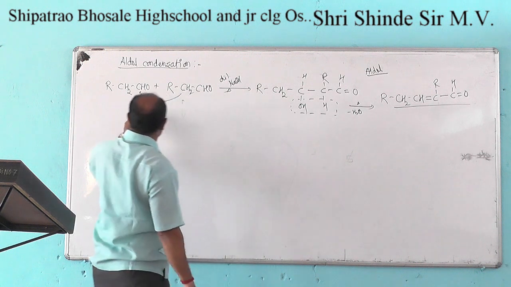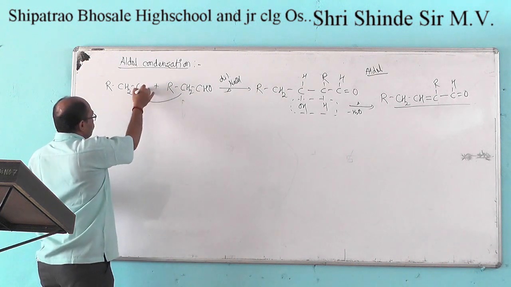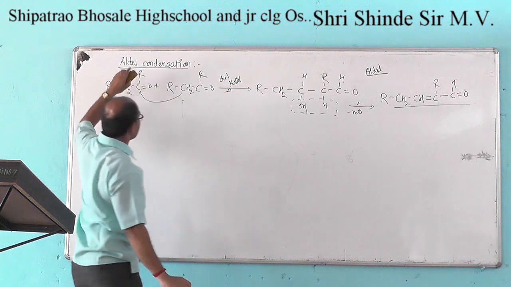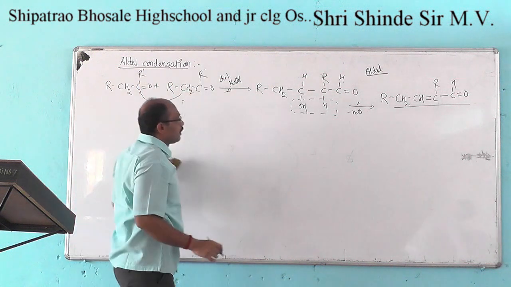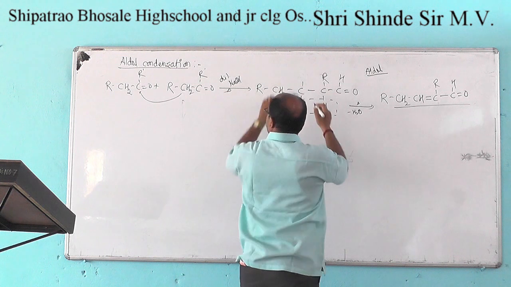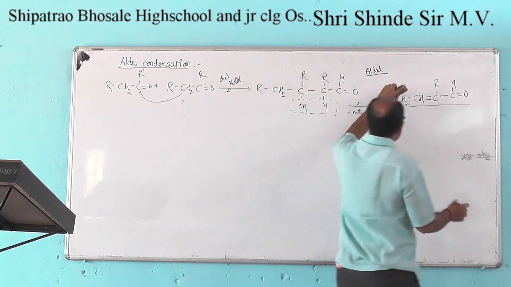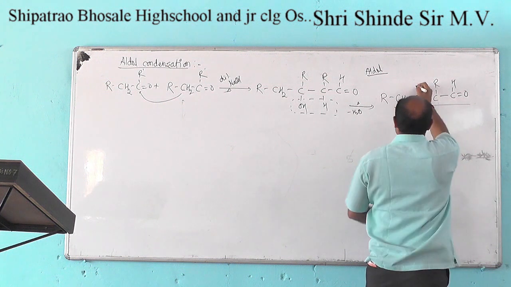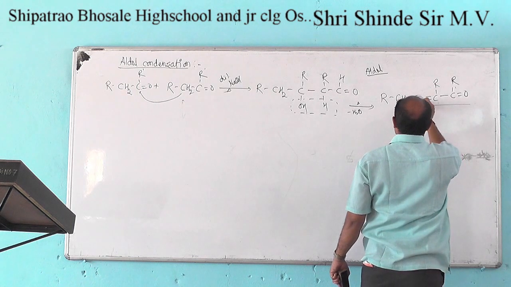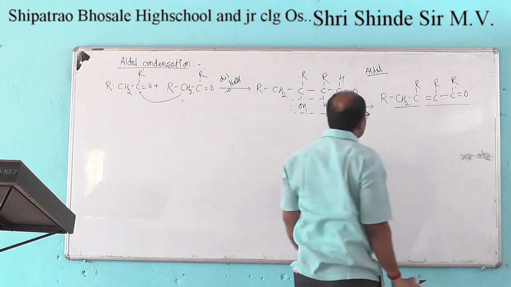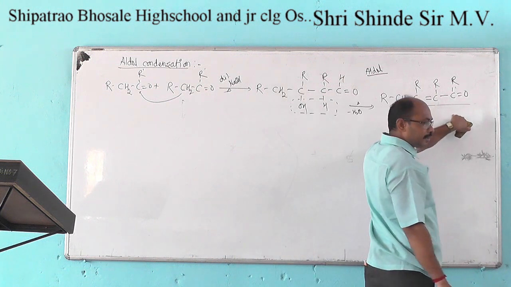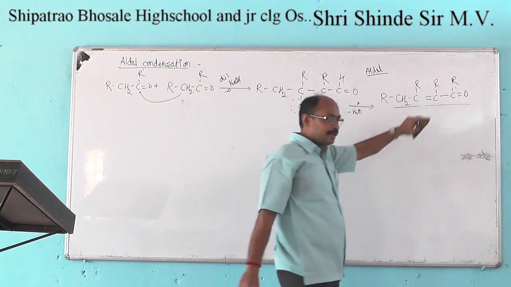If there is one alkyl group here, R dash, instead of the hydrogen, we have the formation of alpha beta unsaturated ketone.